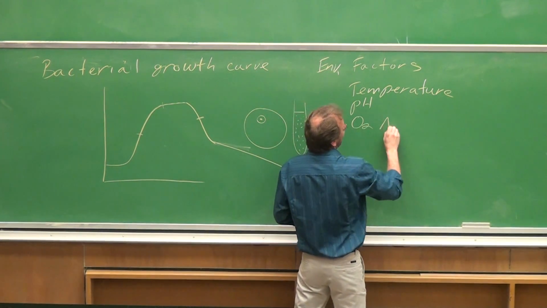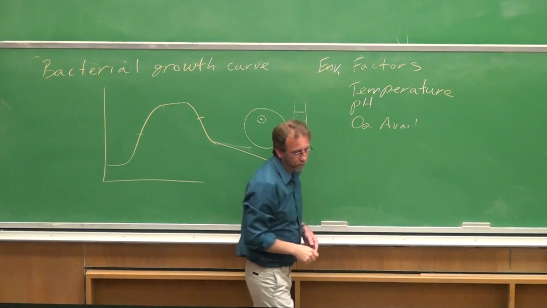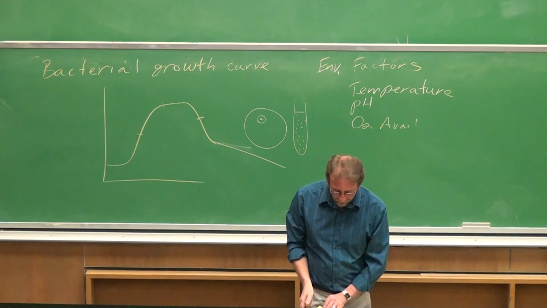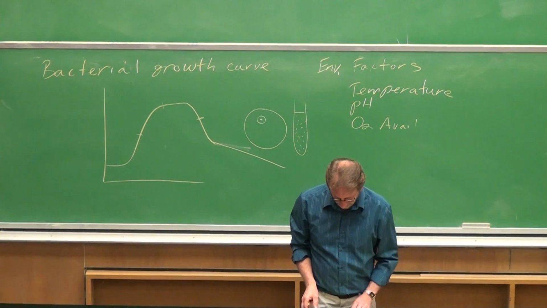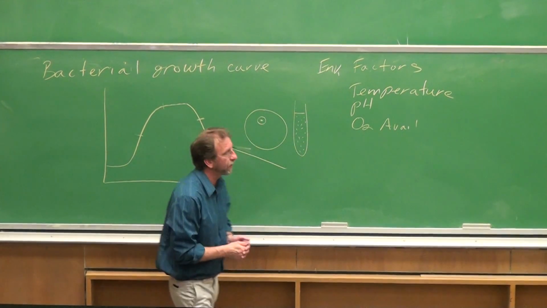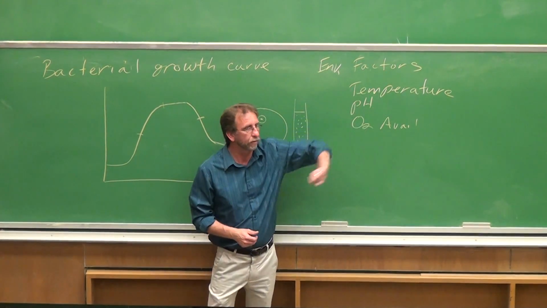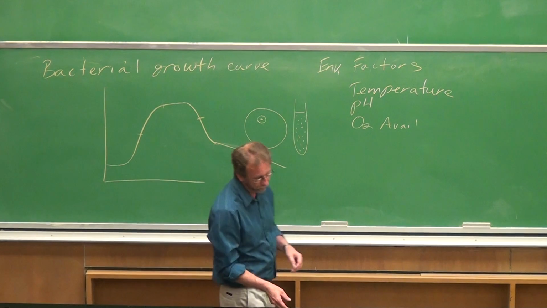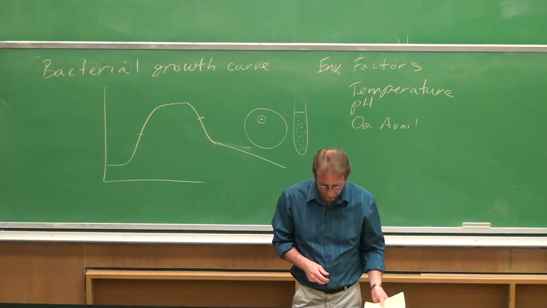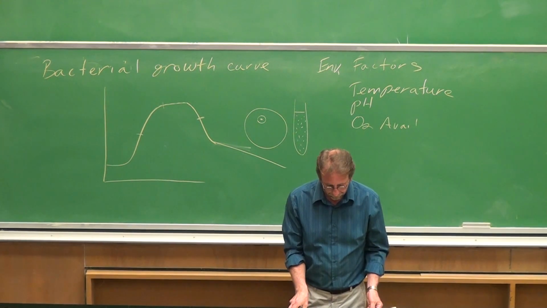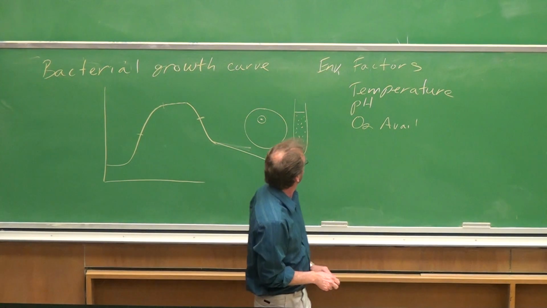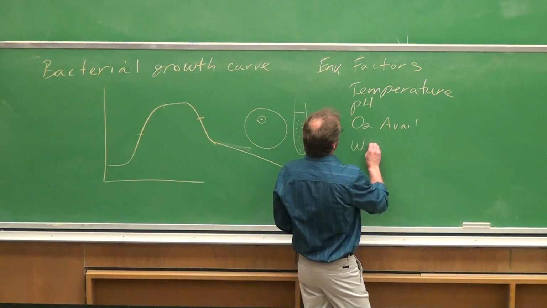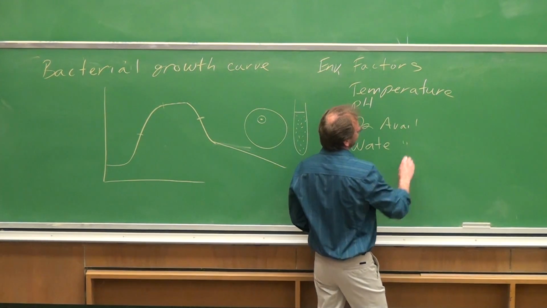We mentioned oxygen availability as factors, environmental factors that affect growth. And then we identified various groupings within each of these. I won't go into those, but you'll know those, of course. And water availability. Sorry, I almost left one out.